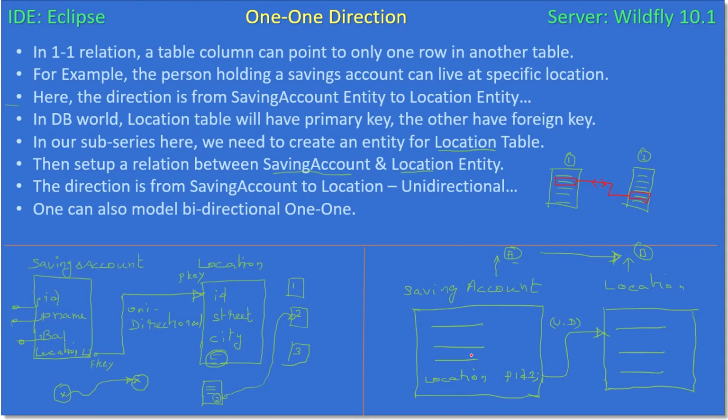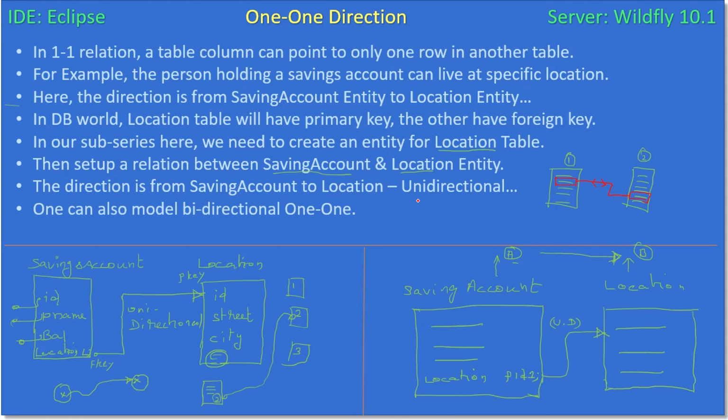If you see here, we are saying we are going to implement our example as unidirectional. Here we will have a location field. Using that, we can pick some record in the second table. But there is no field related to savings account here. So the moment you introduce savings account and provide proper mapping, I mean the proper relationship attributes, then we can make it two-directional.